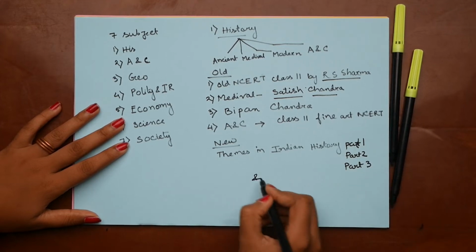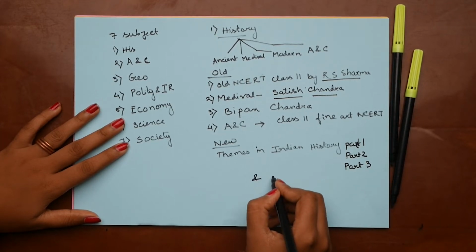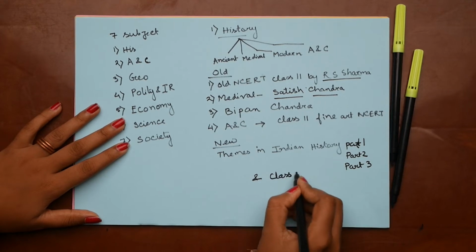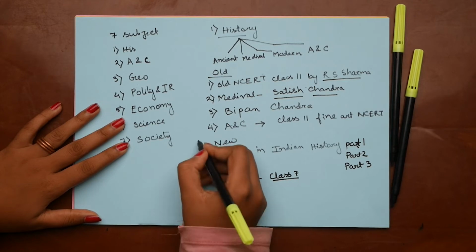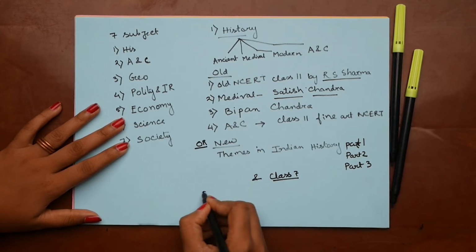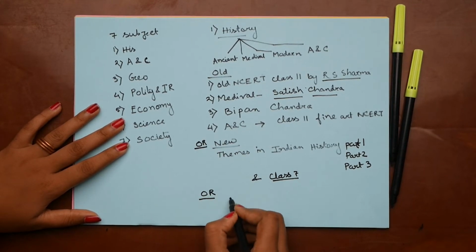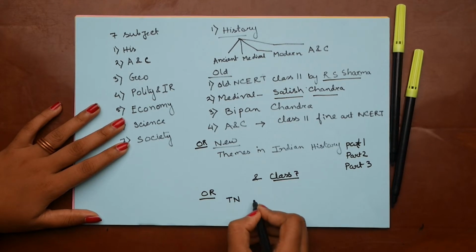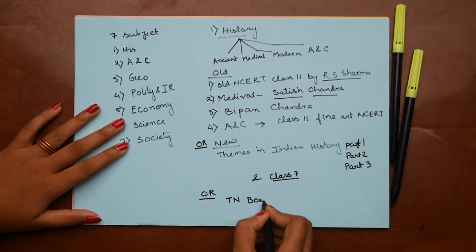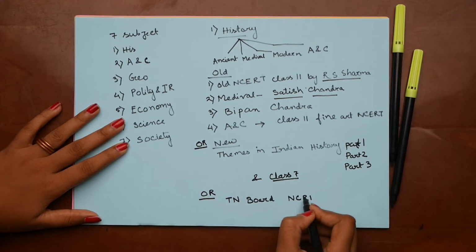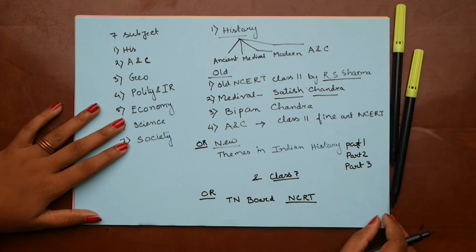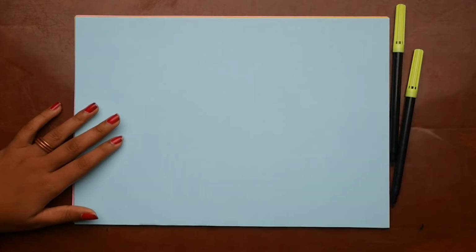Along with that, you also have to follow the new NCERT book of class 7. This is important. Or there is another option you can follow, that is the Tamil Nadu Board NCERT. Okay. Let's move to geography then.